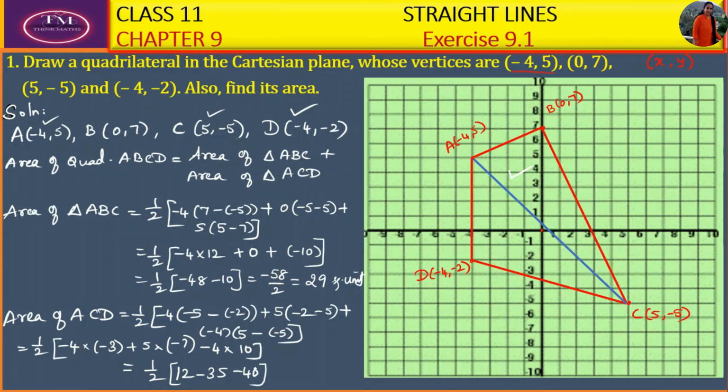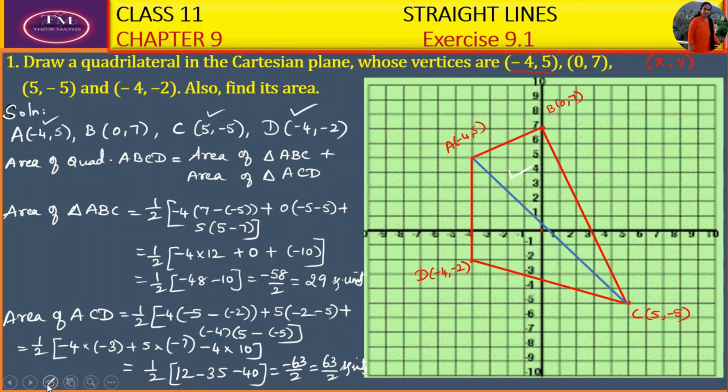So if we add all this, we will get minus 35 and minus 40 will give you minus 75. Minus 75 plus 12 is minus 63. So minus 63 by 2. Or you can say it is 63 by 2 square units. As area will be positive, we can write 63 by 2 square units.